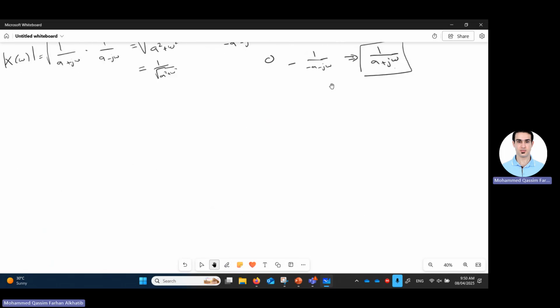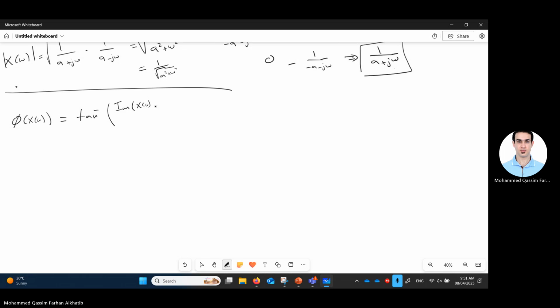So for the phase of X of omega, what does it equal? Tan inverse of the imaginary part of X of omega over the real part of X of omega.